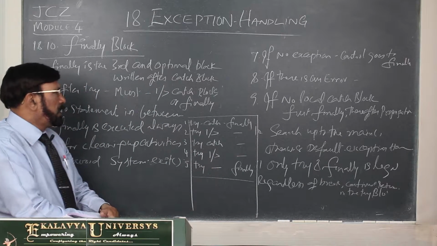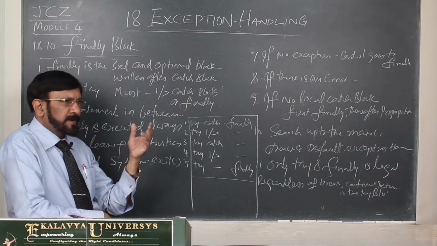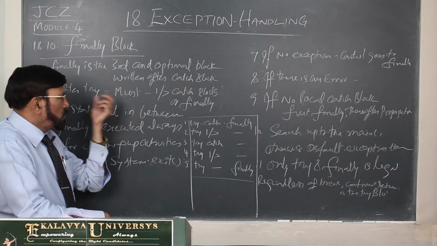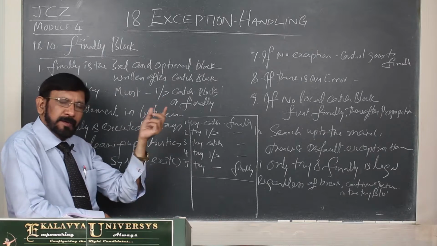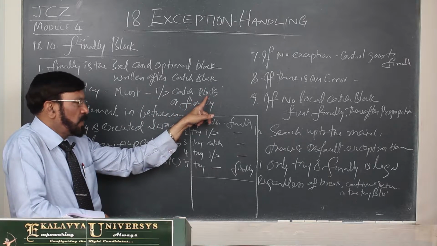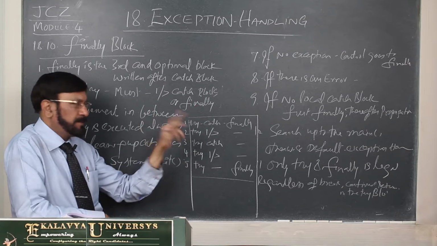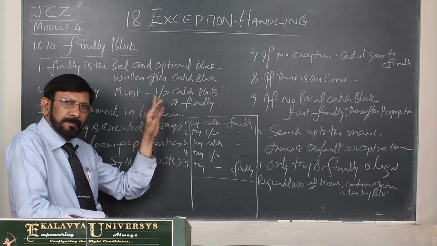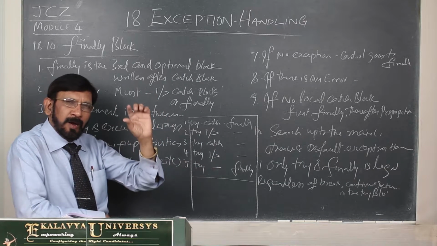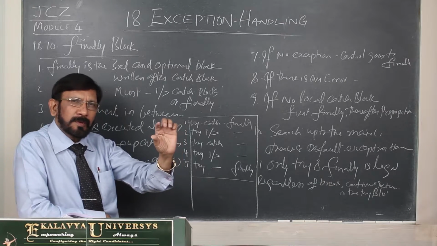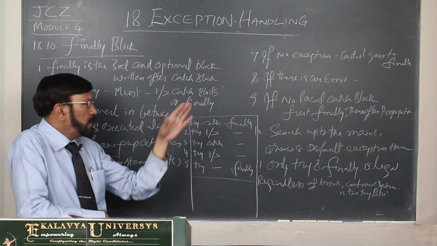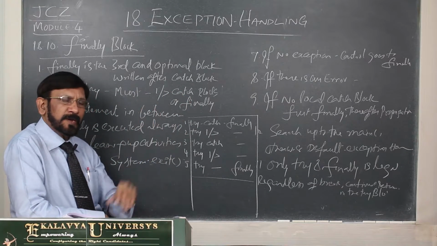Second one, after try, we must write either one or more catch blocks or finally, as I explained here. That means a try block alone is not valid without associating catch blocks or finally block.